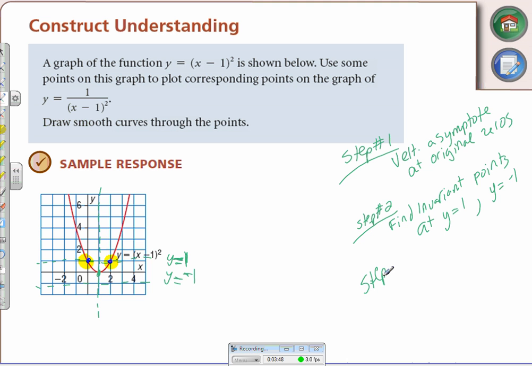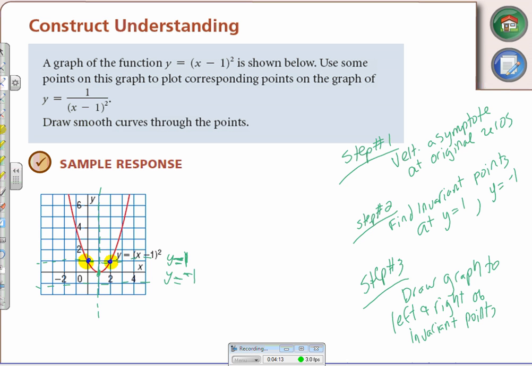So step number 3, draw graph to left and right of the invariant points. Alrighty. Okay.